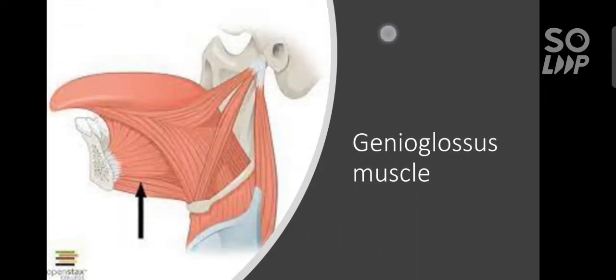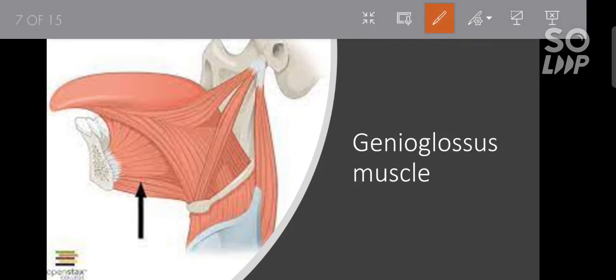Our second muscle is Genioglossus muscle. As you see in this drawing, it originates from the genial tubercle, which is a bony protuberance here under the area of the lower incisors, and is inserted into the tongue.